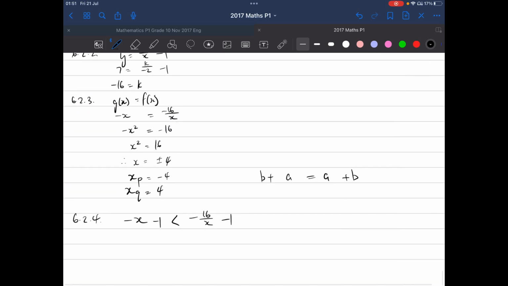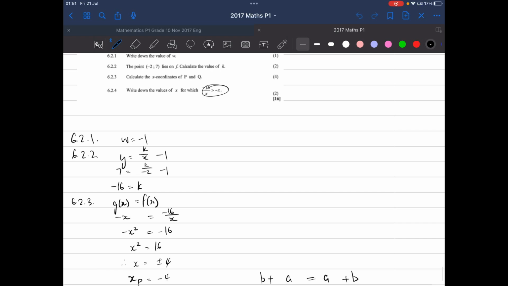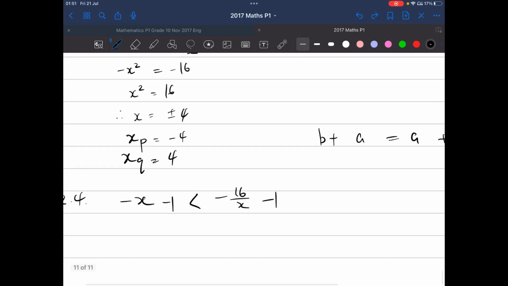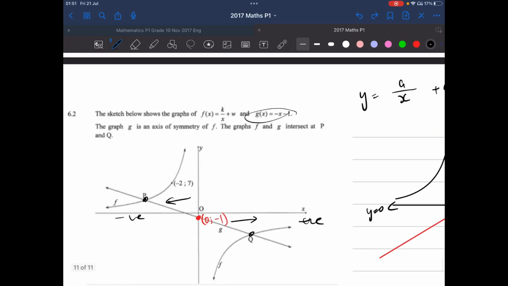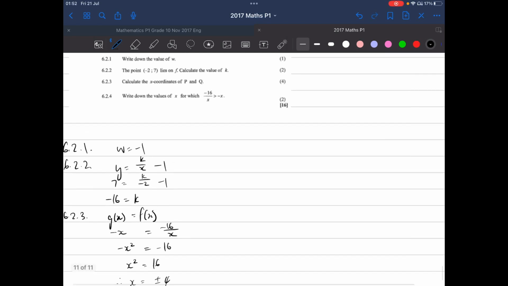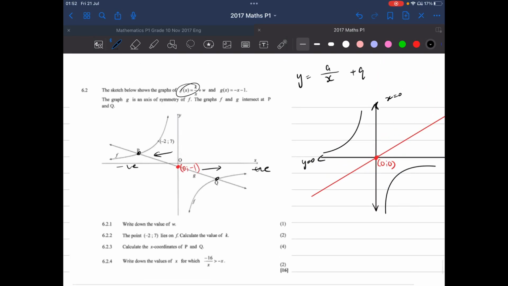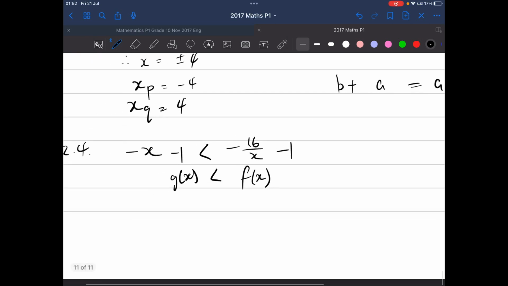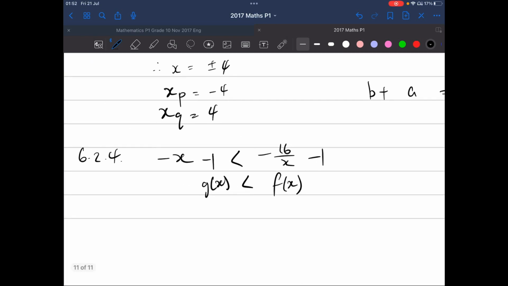They'll still hold the same value. So minus x minus 1 is the same as saying g of x, and minus 16 over x minus 1 is the same as saying f of x. So essentially what the question is asking is, what are the values of x for where f of x is greater than g of x?